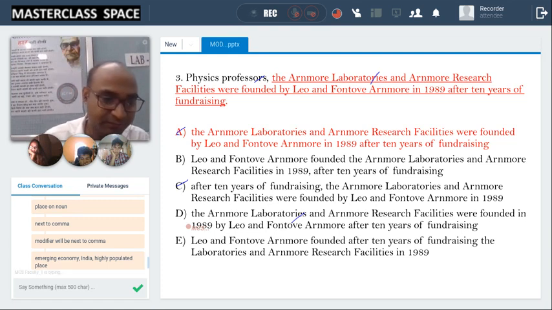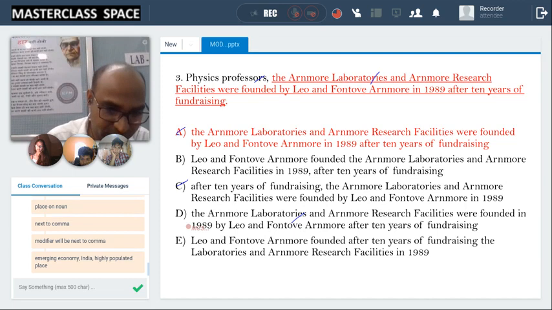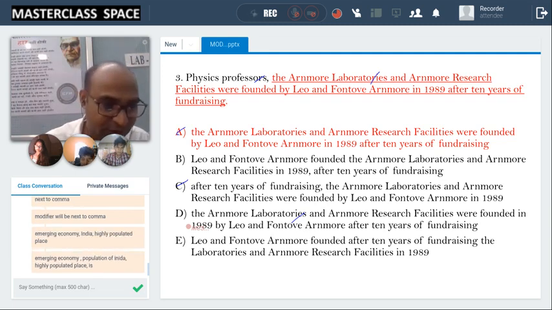So the same sentence can be: emerging economy, comma, population of India, comma, highly populated place, comma, is very productive.